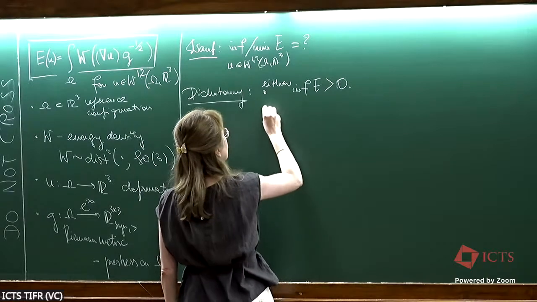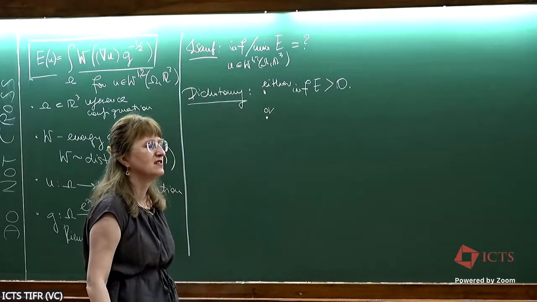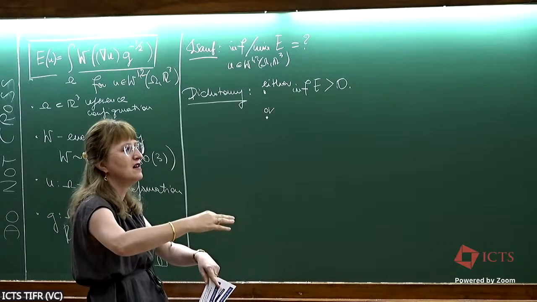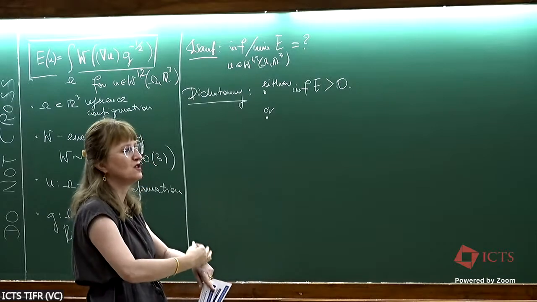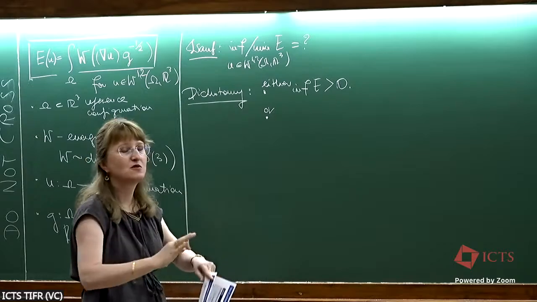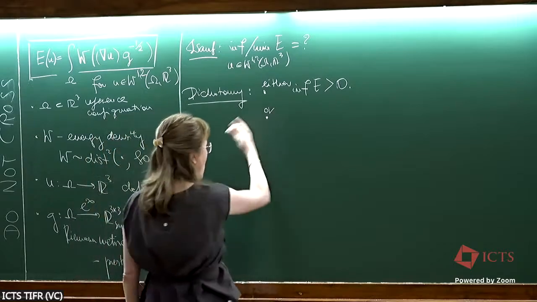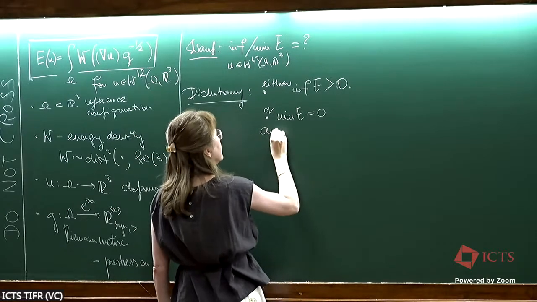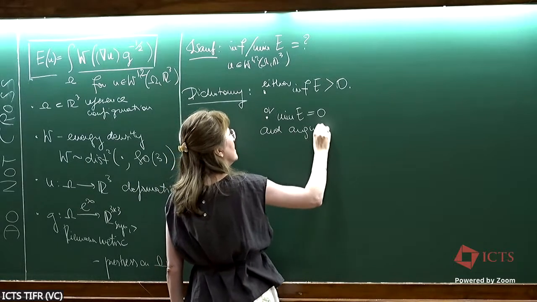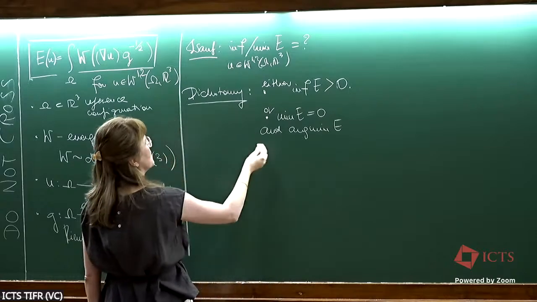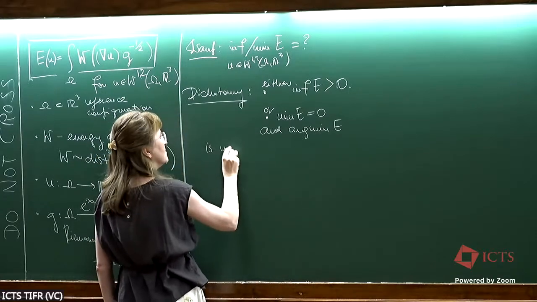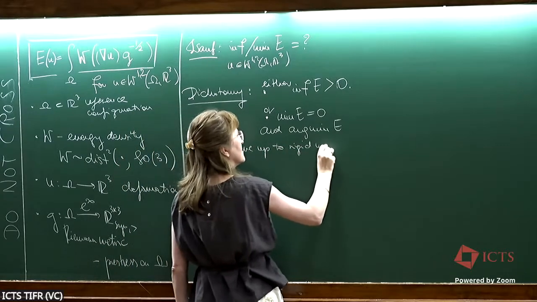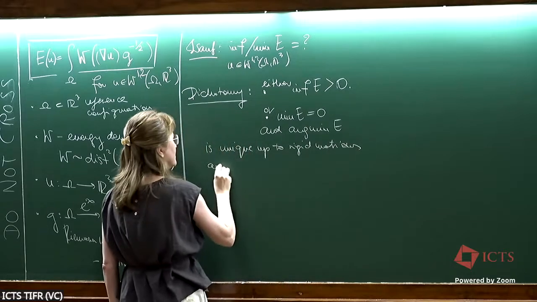Or, in fact, if that's not the case, if the infimum is 0, if you are able to get by some deformations as close to 0 as you want in your energy, this means that the situation is entirely trivial. So it means that actually the minimum of E is 0, and the argmin of E is unique up to rigid motions, and smooth.